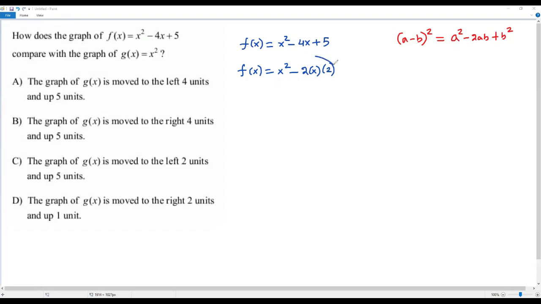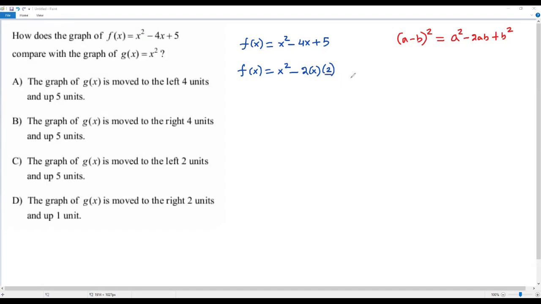Now this expression is exactly in the form a² − 2ab. In the place of a we have x, in the place of b we have 2. To get exactly this trinomial, what is missing? b² is missing, that means 2² is missing.